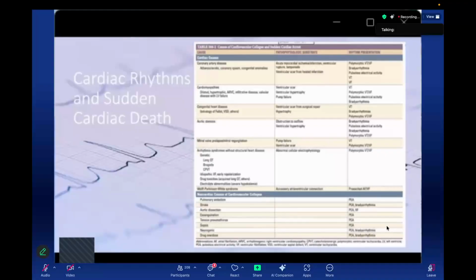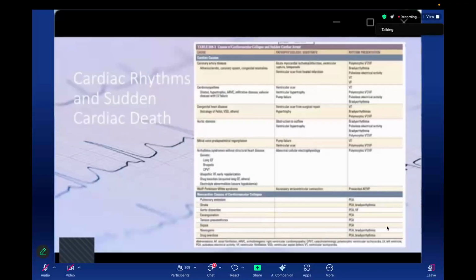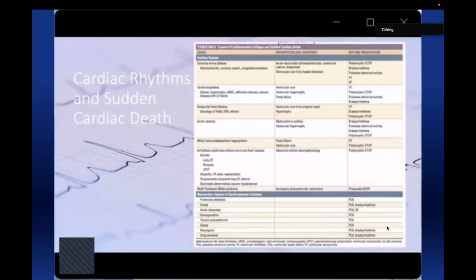Then you have the arrhythmias without structural heart disease, like long QT, Brugada, CPVT, and the like. We also have non-cardiac causes of cardiovascular collapse, like pulmonary embolism, stroke, tension pneumothorax, or other diseases.